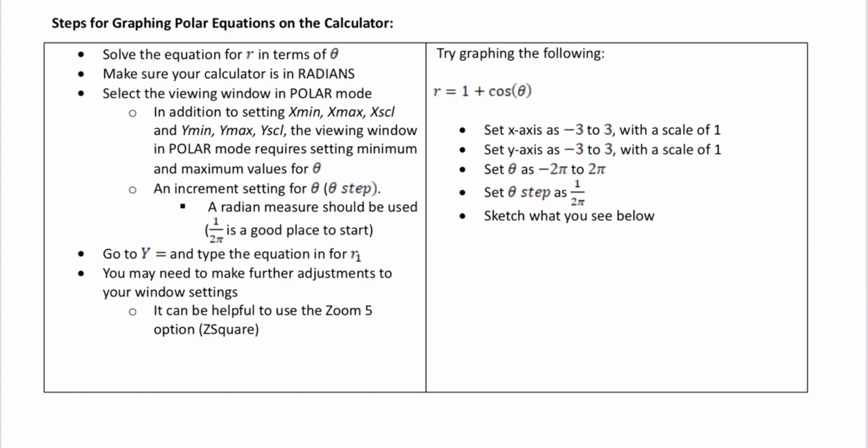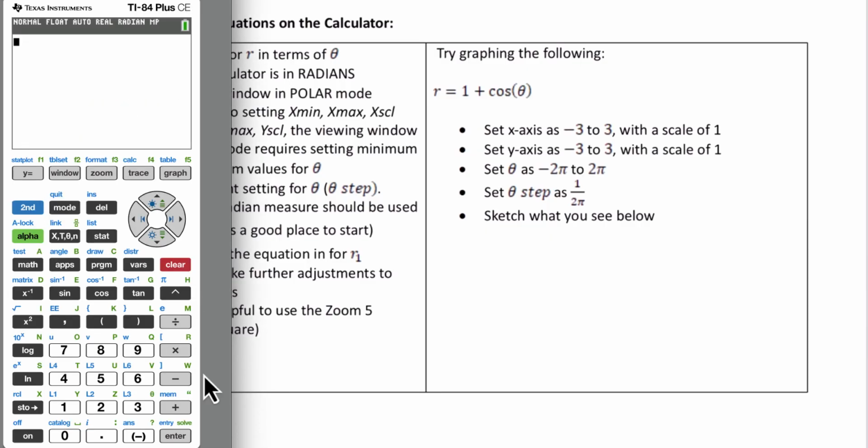Next, we want to make sure the mode is in radians, and at the same time, when we're in that menu, we're going to go to the polar mode as well. And from there, we can tweak the max and min values or the x and y scale depending on the situation. For example, let's go to y equals, and notice right now I'm in the rectangular coordinate system.